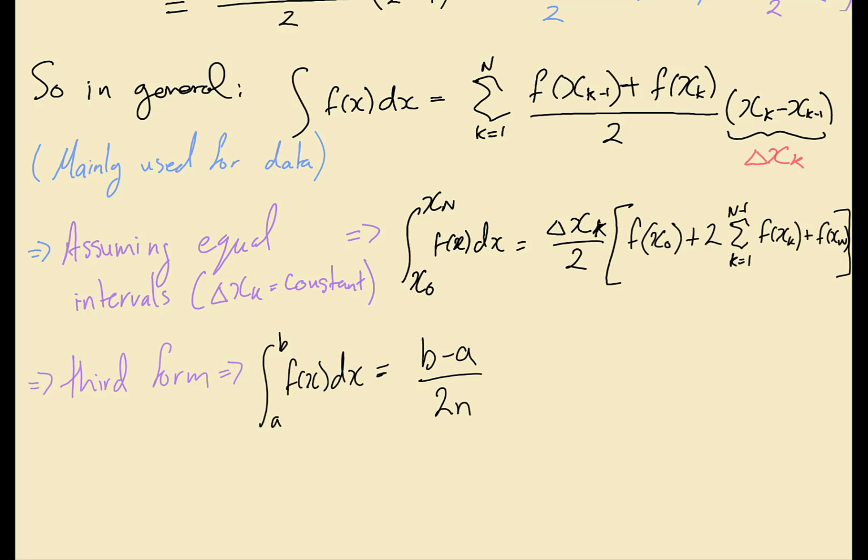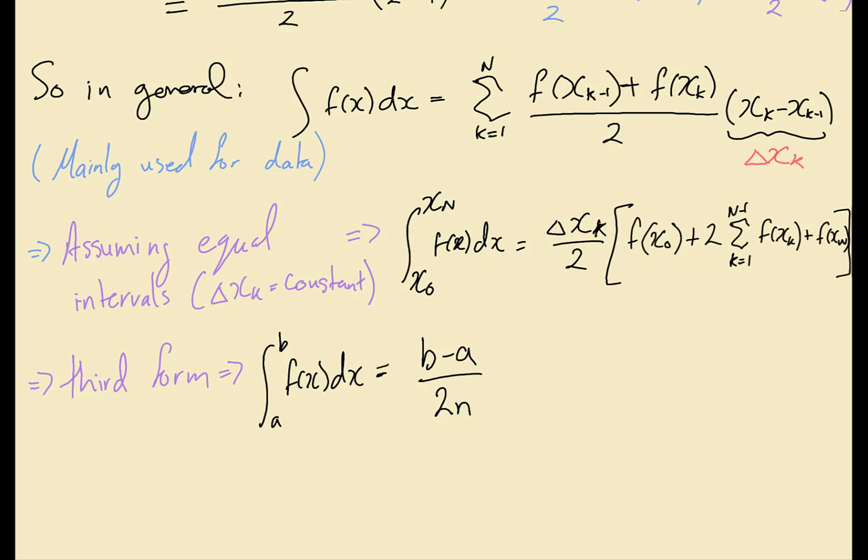Instead of delta xk, the whole segment is b minus a divided by n. This here is the same as this. So this would be our step size. B minus a divided by n is our step size.